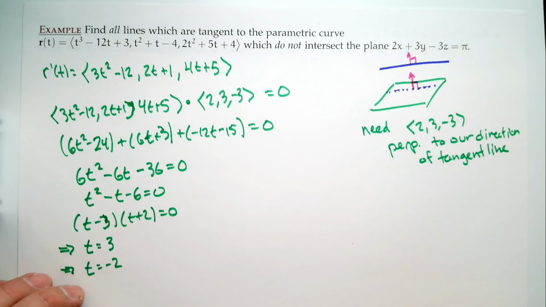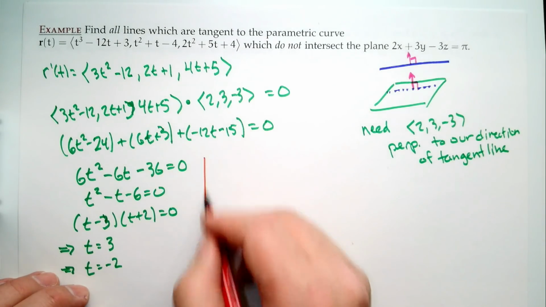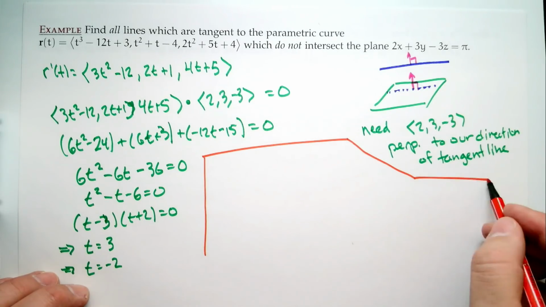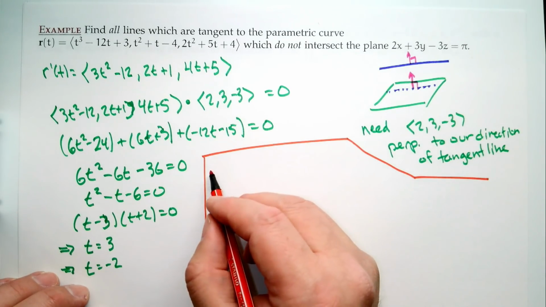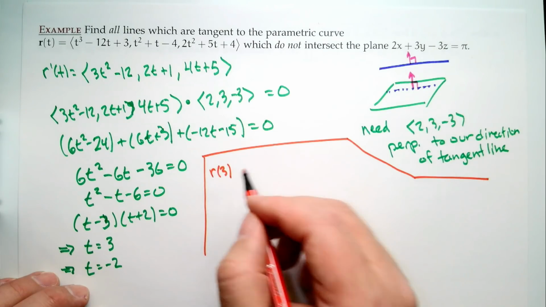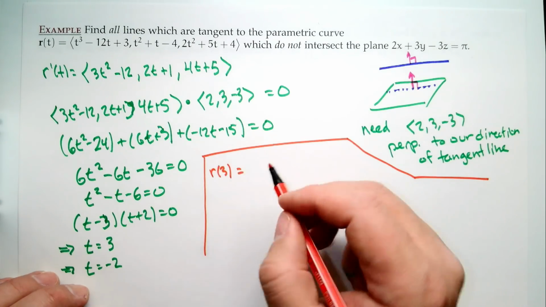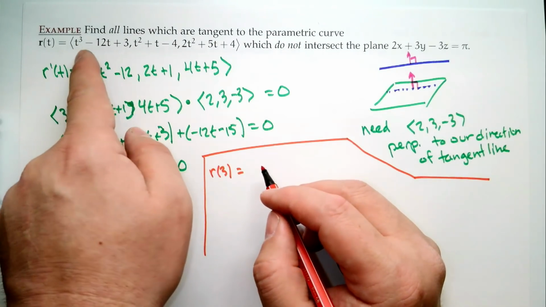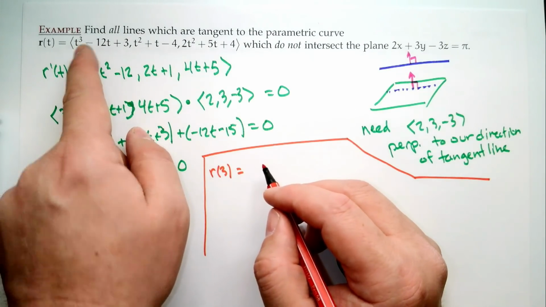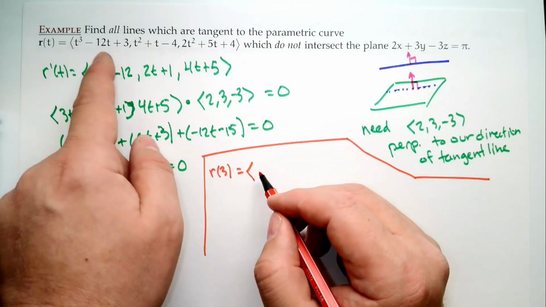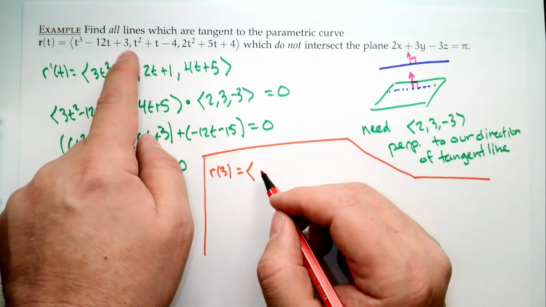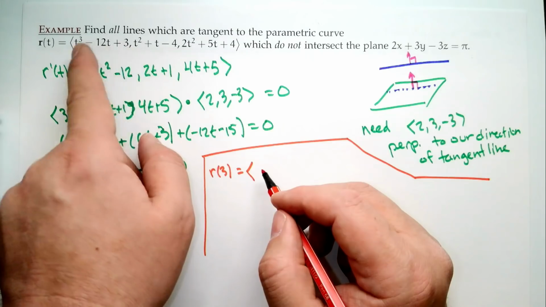All right. So now, what do we need? Well, we know when it happens. Now we just need to find what happens. So we need to know what is r of 3. And so r of 3, we go through, do the math, 27 minus 36 plus 3. Well, 27 plus 3 is easy.